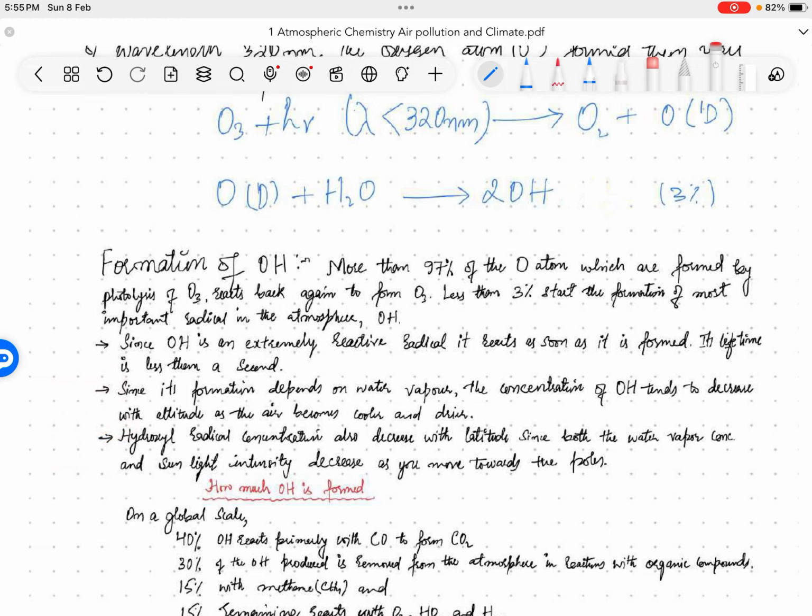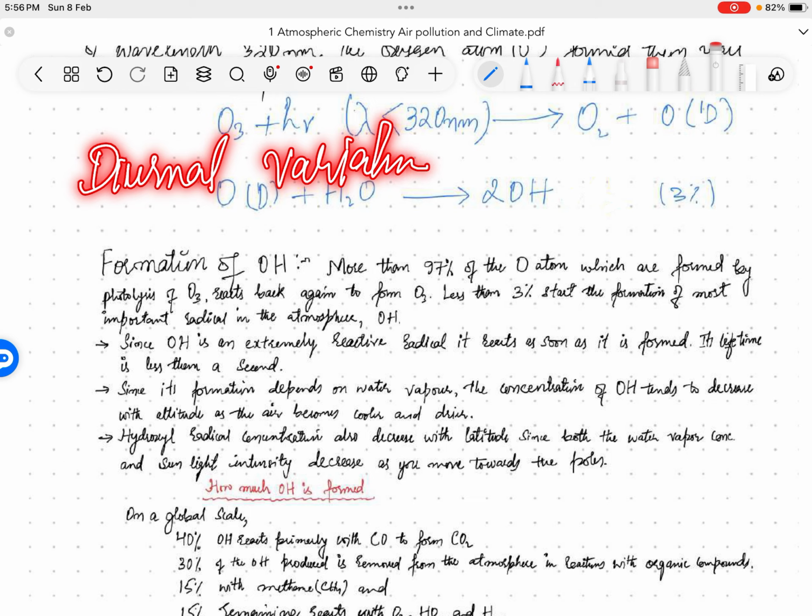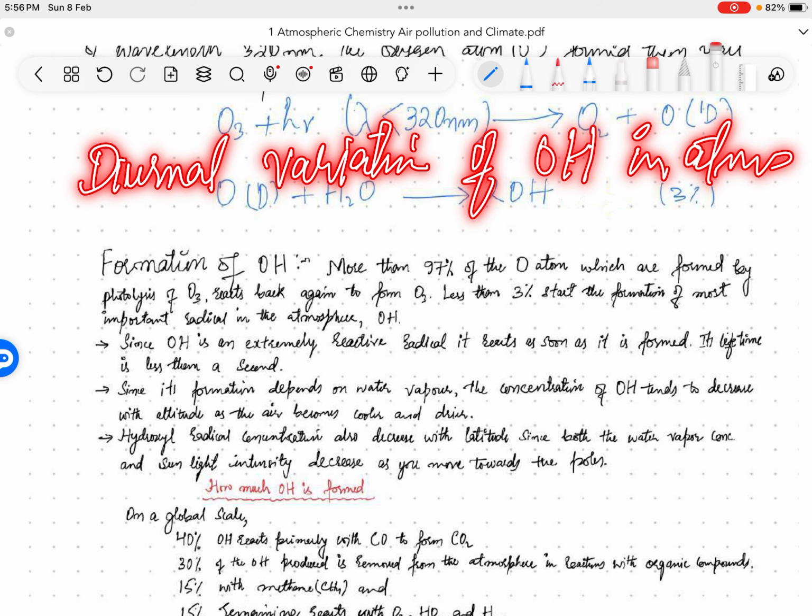However, if we talk about the diurnal variation of OH radicals in the atmosphere, what is meant by diurnal?